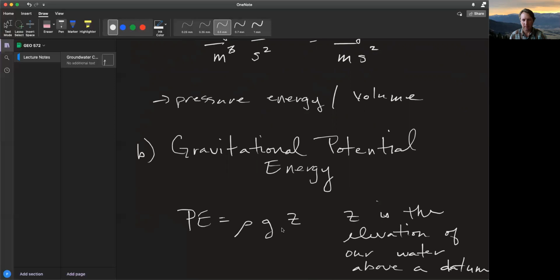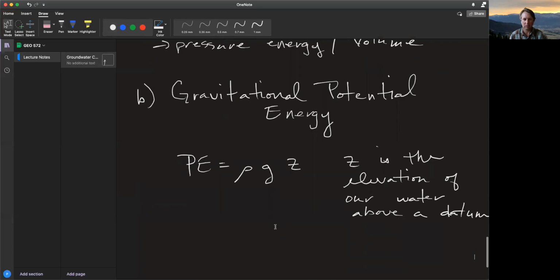This has the exact same units as, I'm sorry, as pressure. It's density, acceleration of gravity times a height. And so we're going to get the exact same units. And we can think of this as the gravitational potential energy in joules per unit volume.